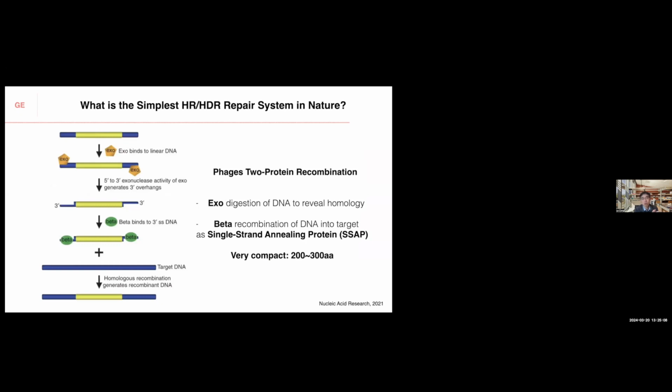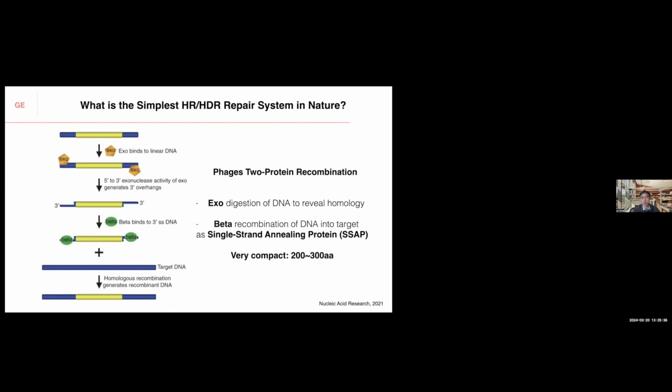These are one of the simplest homology repair systems in nature, most well known as encoded by bacteriophage, which are probably the simplest organisms, or some people don't even consider them organisms, but they possess a recombination system with only two proteins needed for the entire repair process to happen.